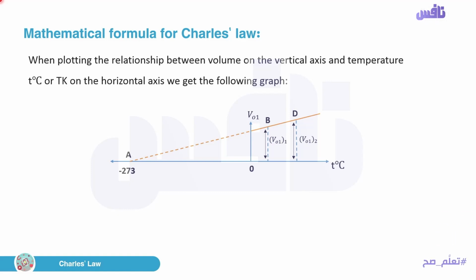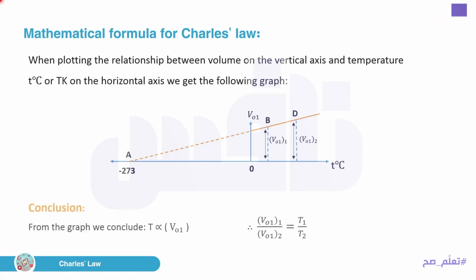Now we have different volumes, V1 and V2, at different temperatures. So the conclusion will be that T is directly proportional to V, or V1 over V2 equals T1 over T2.